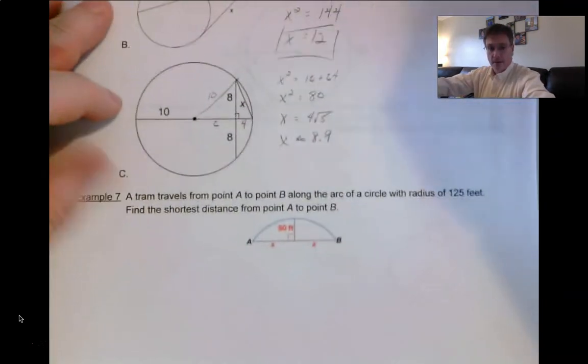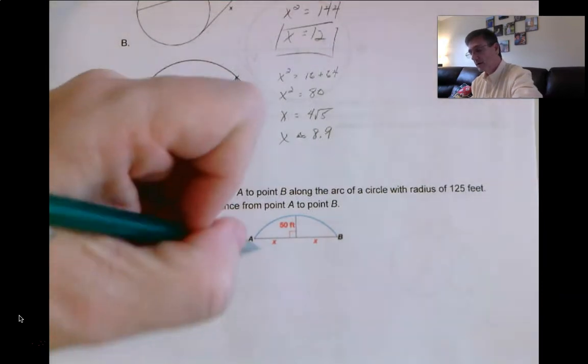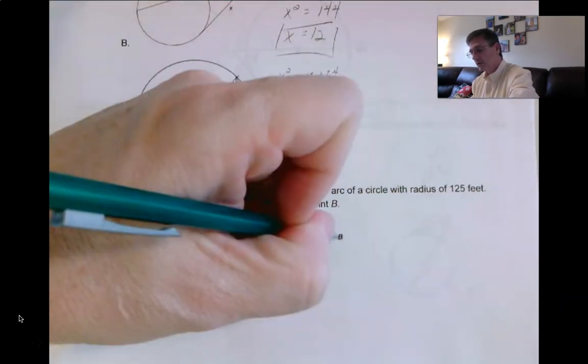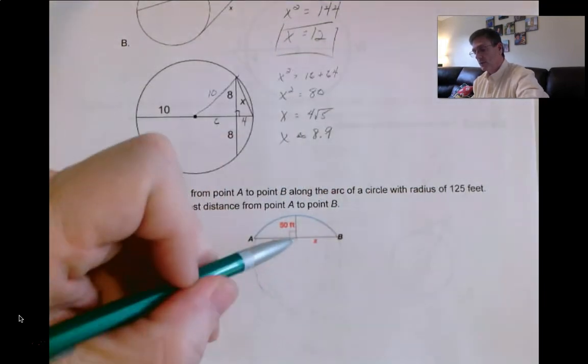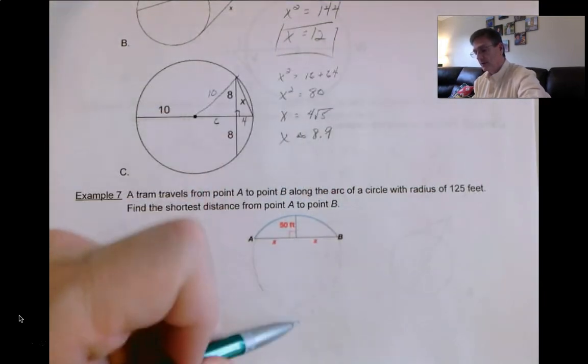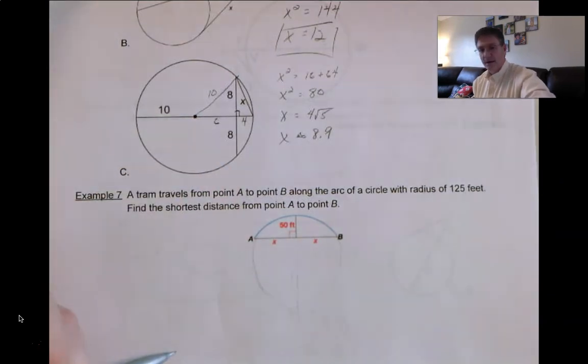Now, I'm going to use the same idea for 7. Again, they want us to draw the whole circle. And they want us to make a variable for this be y.